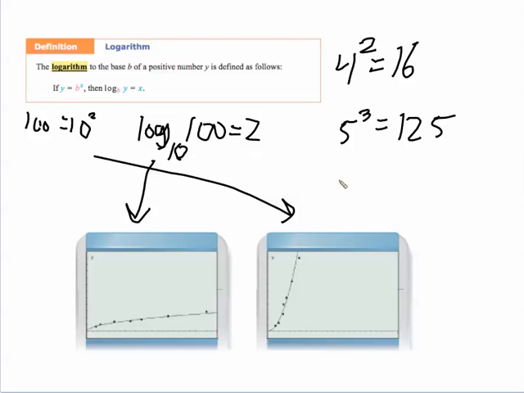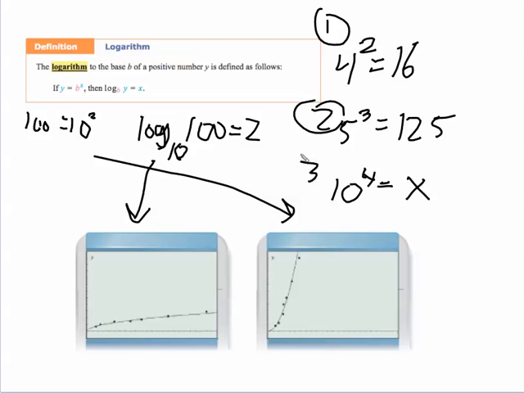And take 10 to the 4th equals x. You can solve for x or you can leave that one as x. So there's 3 problems here I want you to do. 1, 2, 3. Okay, and this is part of your notes.